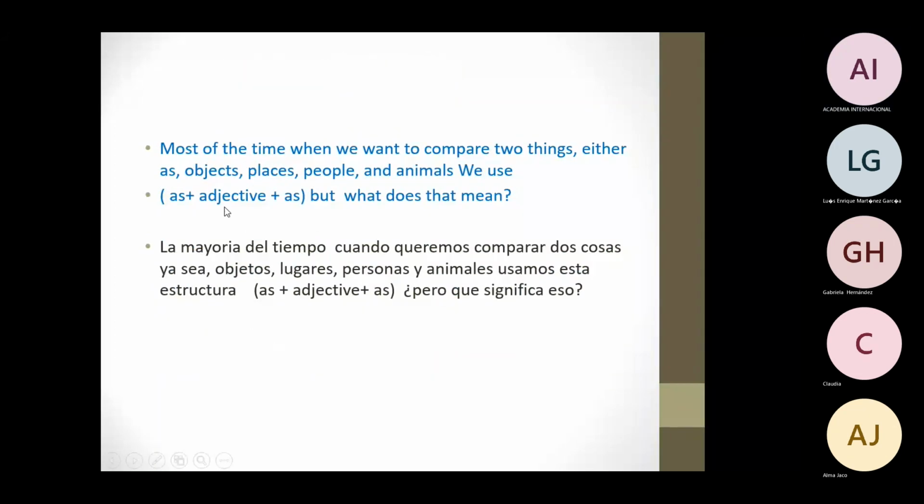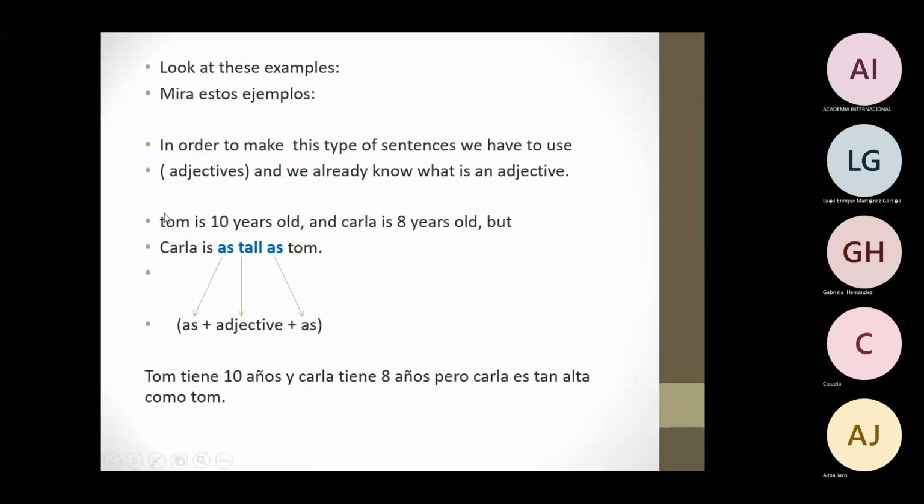How so? Most of the time, when we want to compare two things, either as objects, places, people, and animals, we use this structure. As plus adjective plus as. But what does that mean? ¿Pero qué significa eso? Porque no tiene mucho sentido estarlo viendo así. Ahora vamos a ver unos ejemplos. Look at these examples. In order to make these type of sentences, we have to use adjectives all the time.